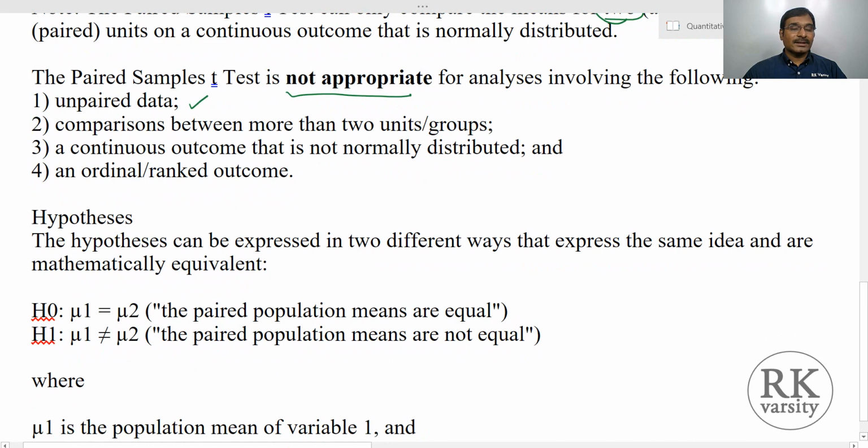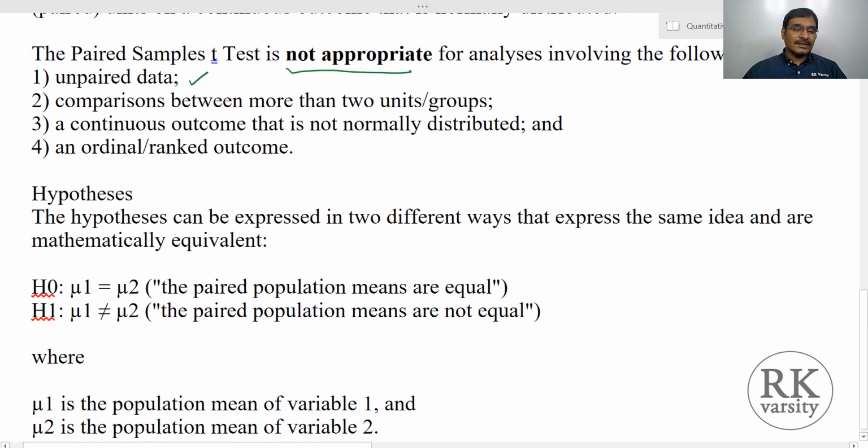The third one is a continuous outcome that is not normally distributed. If your dependent variable is not normally distributed, then you need to transform the data using different mathematical procedures and then run the test, or you can go for a non-parametric statistical test. Fourth is an ordinal or ranked outcome, that is, if your dependent variable is measured on an ordinal or ranked scale, then it is advisable to go for a non-parametric statistical test.